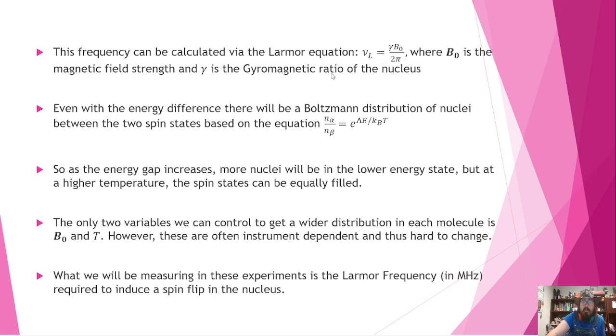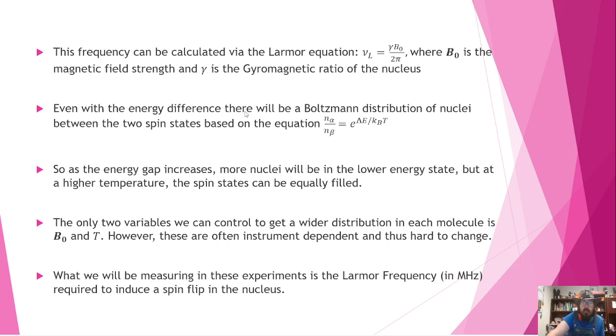So the energy it takes to jump from one spin state to another has to do with something that's dealing with the atom, and something that's dealing with the magnet. Stronger magnet, it's going to take more frequency.